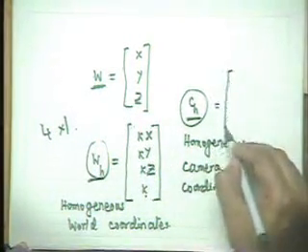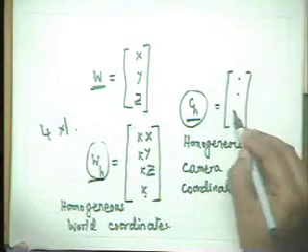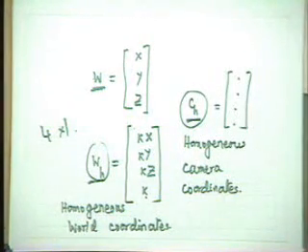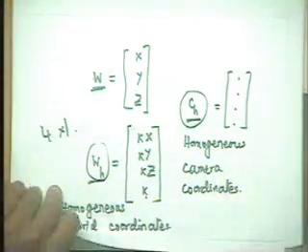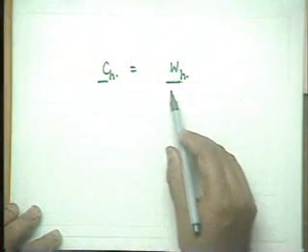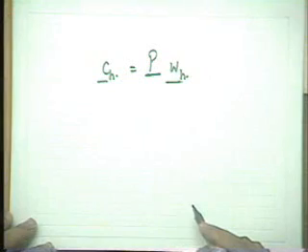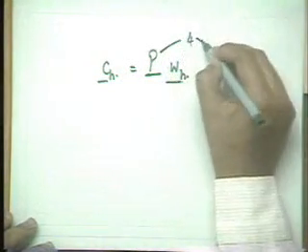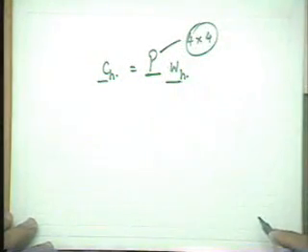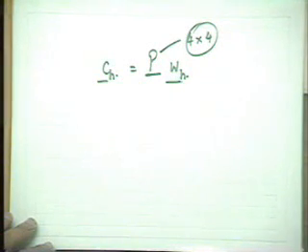So my objective will be to determine the elements of this column vector, and to get it, I should get this CH as a product of the transformation matrix P, which should be a 4 by 4 matrix, which will denote this perspective transformation.